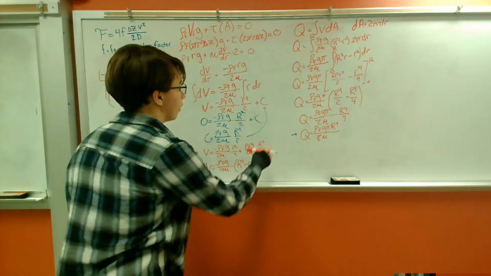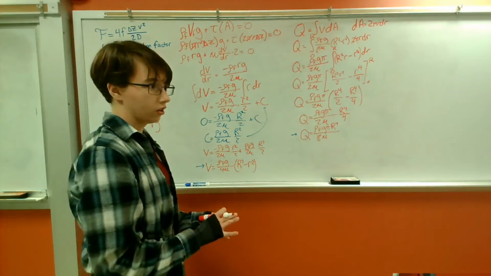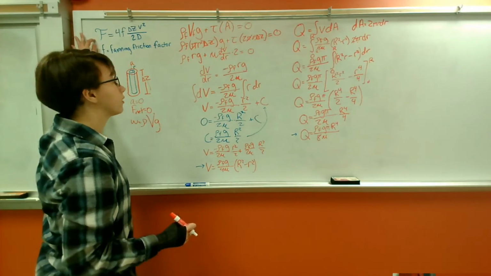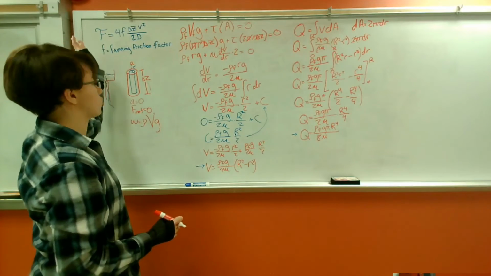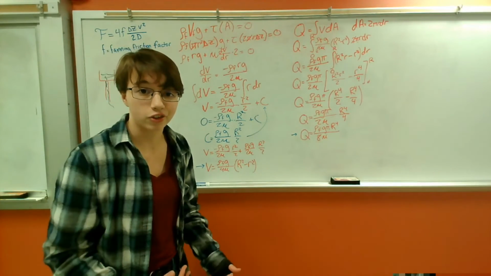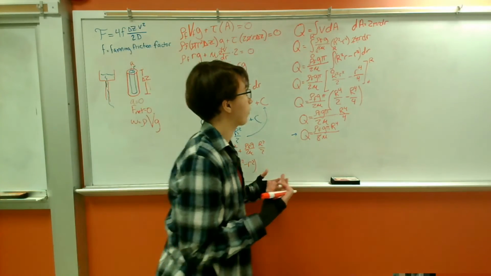Alright, so now we've got an equation for the flow rate, and next thing we're going to want to start to do is start incorporating this into an equation for the frictional heating, because that's eventually the direction we want to go in. And the only equation that we know that has the frictional heating in it is Bernoulli's equation, so we're going to start with that.